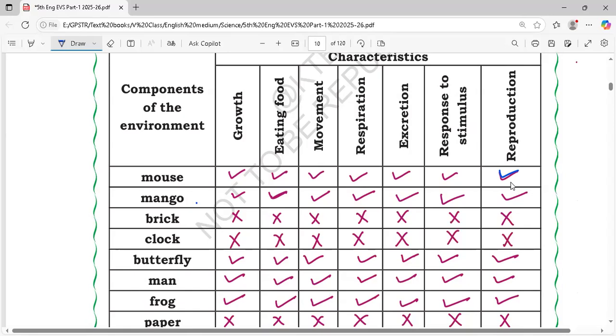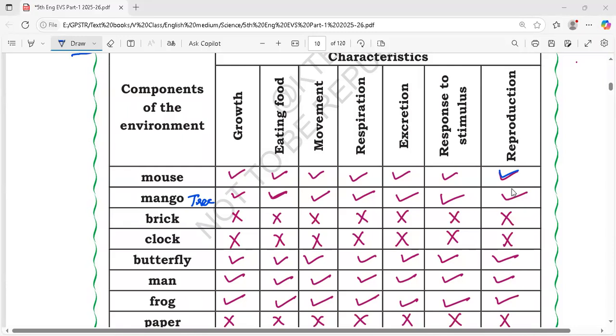Mango has growth. Mango tree. They have given only mango. This is mango tree. Mango tree has growth.